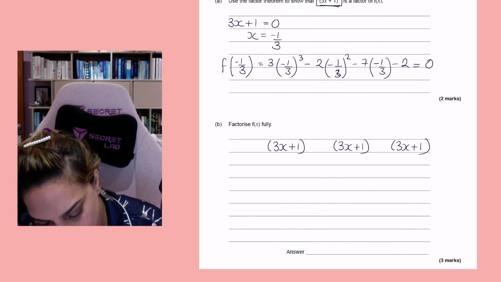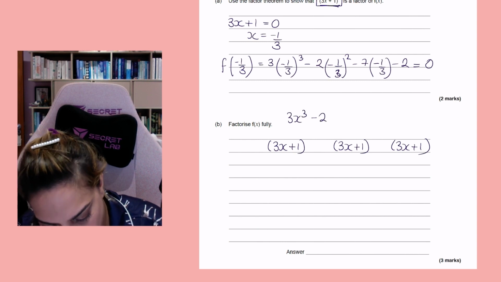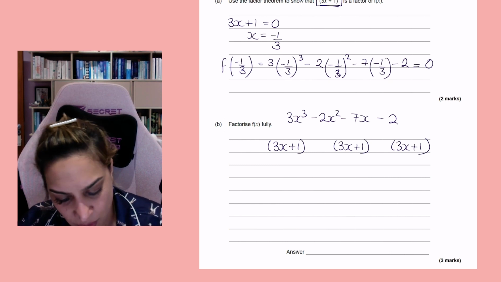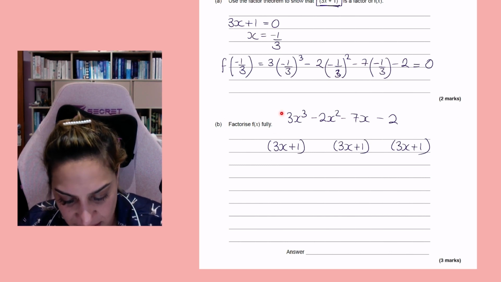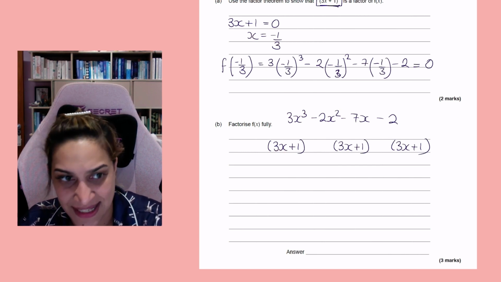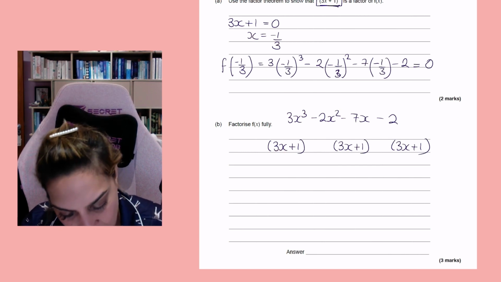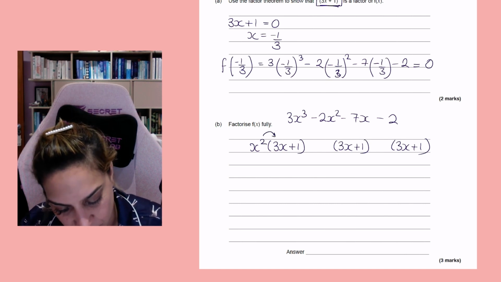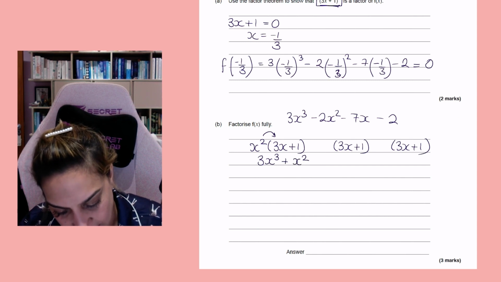And then let me write the equation here, just above. I'm going to say, what do I multiply this by to get this? So I need to multiply 3x by x squared. So I'm going to put x squared there, and I'm going to open out those brackets. So I'm going to get 3x cubed plus x squared.